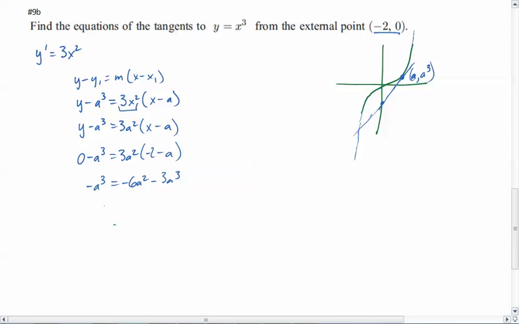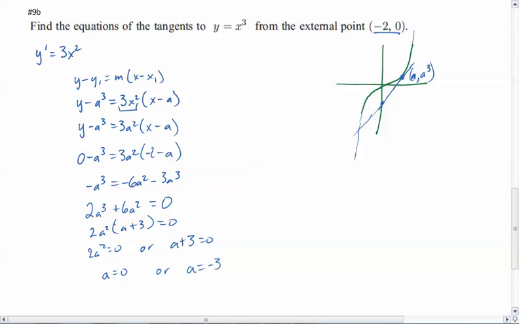Moving everything over to the left hand side gives us 2a cubed plus 6a squared equals 0. If we factor out a 2a squared, that leaves us with a plus 3, so 2a squared equals 0, or a plus 3 equals 0. So we could have a equals 0, or a equals -3.